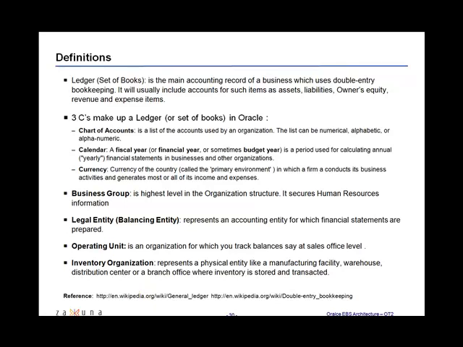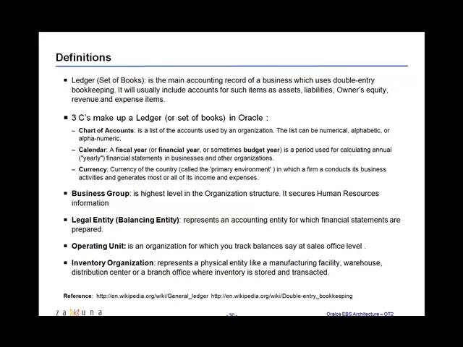If you Google either general ledger or double entry bookkeeping, Wikipedia has a good definition and description of what these are. Going back to Oracle, the 3 C's define the set of books, and they are the chart of accounts, calendar, and currency.